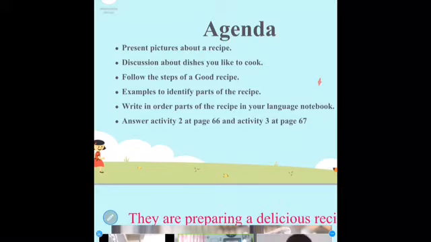Follow the steps of a good recipe. Examples to identify parts of a recipe. Write in order parts of the recipe in your language notebook. Finally, answer activity 2 at page 66 and activity 3 at page 67.